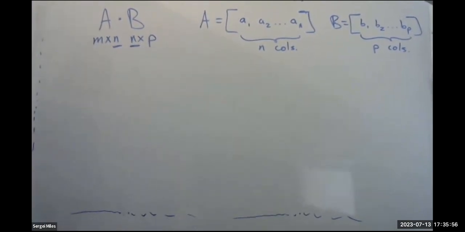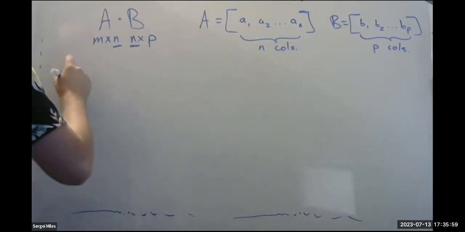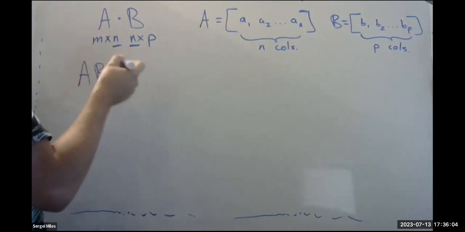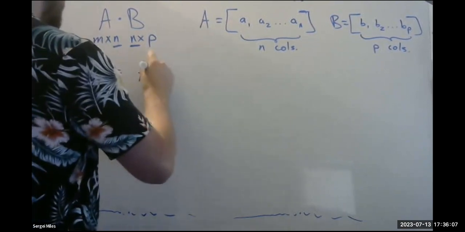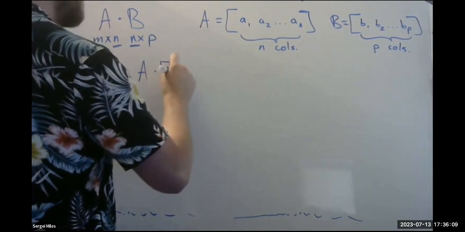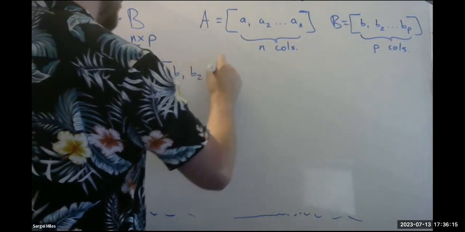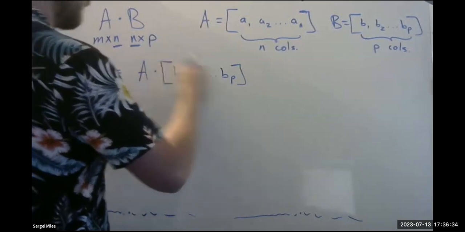So how are we actually going to multiply them? Well, let's just break it apart one step at a time. A times B, this is the same thing as A times this matrix B with all of these columns, right? Well, I could think of this as a distributive thing of a linear combination where I can just distribute A and I want to multiply A times the first column B1, times the second column B2, or of B times the third column, right?